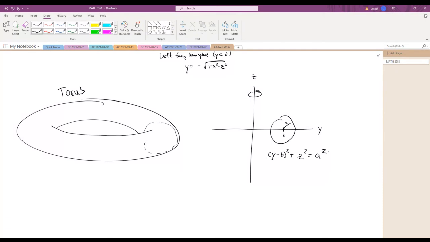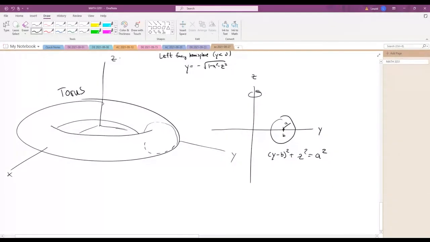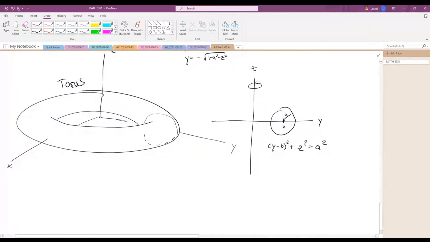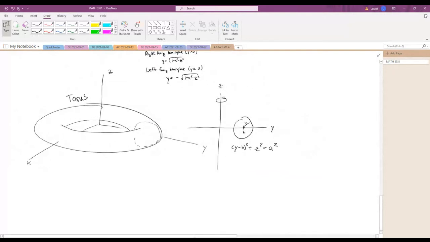It's not necessarily easy, but for the top, for example, what is y? Well, what's a good parametrization of the torus?